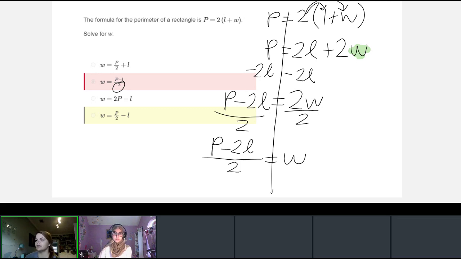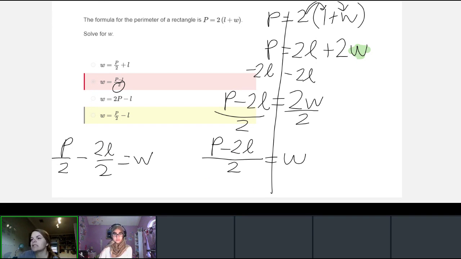The thing that makes this problem difficult is that this answer that we get is not listed over here. The answers over here are simplified even further. They took this whole equation on the left and made it into two separate fractions. So it's P divided by 2 minus 2L divided by 2. This equation on the left is the same thing as this, it's just split up into two different fractions.